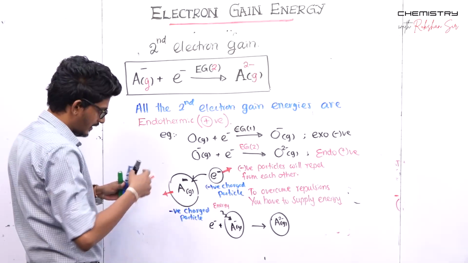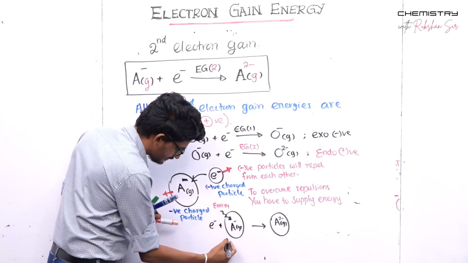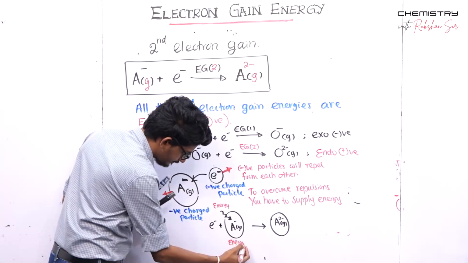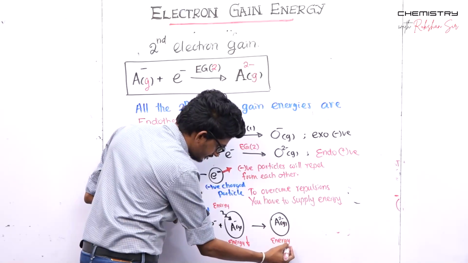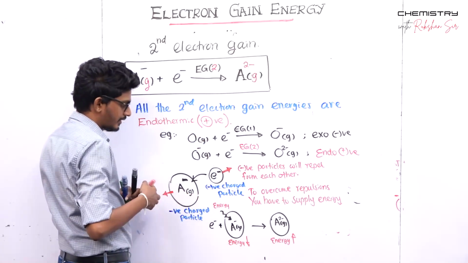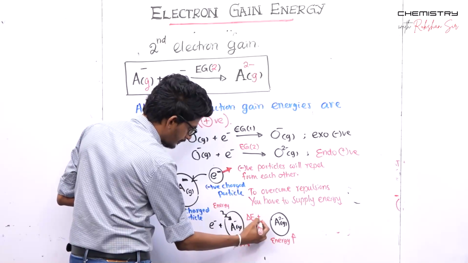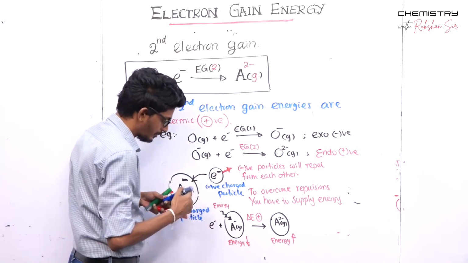That means energy here is low, energy here is high. That means the process is positive. So energy increases by the process.